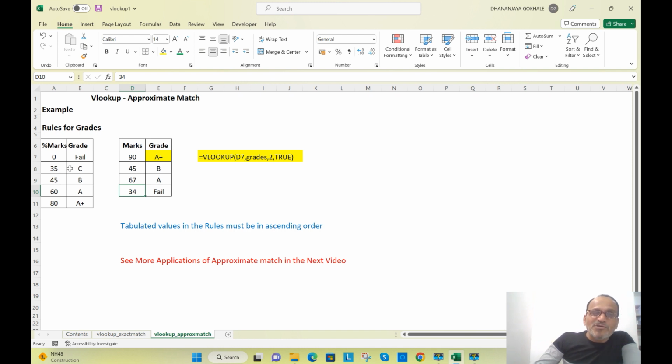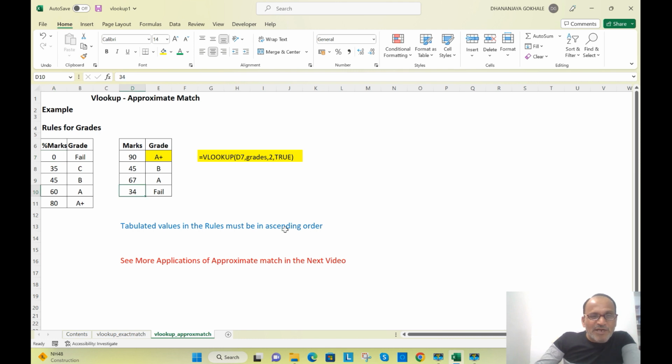But we are supposed to see nearest lower value, not nearest higher value. So as far as 34 is concerned, the nearest lower value is 0. Nearest value is 35, agreed. But nearest lower value to 34 is 0. That is how we are going to achieve between 0 and 35, and we are still getting the answer fail.